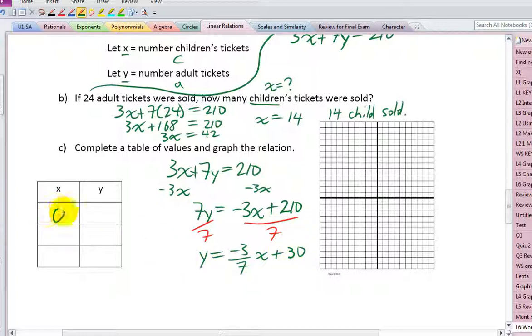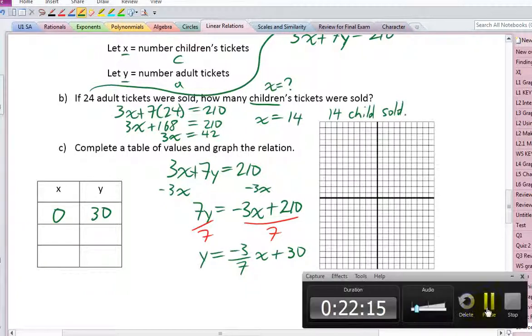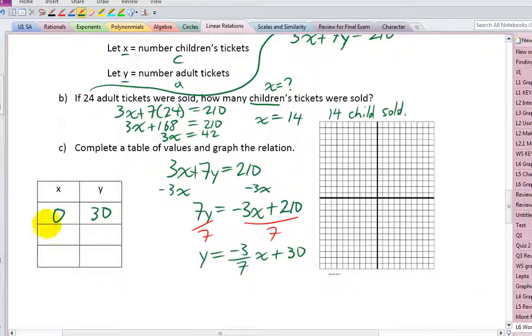So, when x is 0, what's y? Well, y is 30. Okay, what are some other numbers? Some other good numbers to use would be 7 and 14, because they're multiples of 7, the denominator.